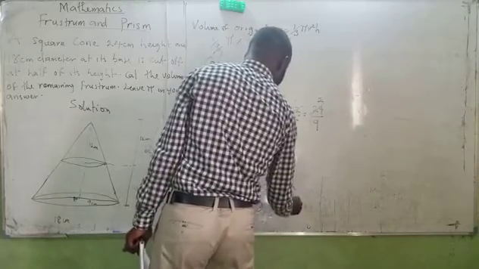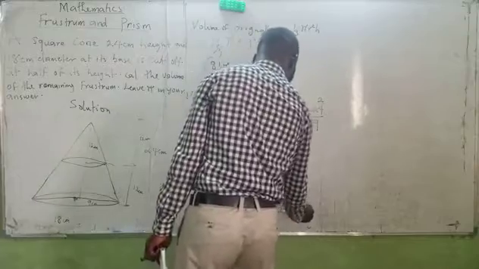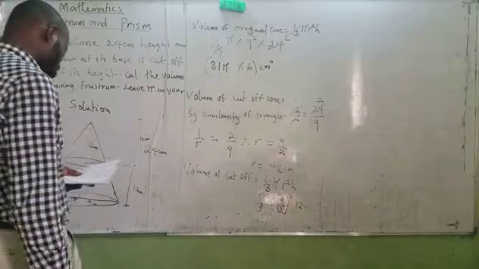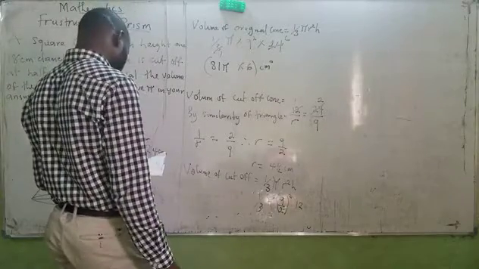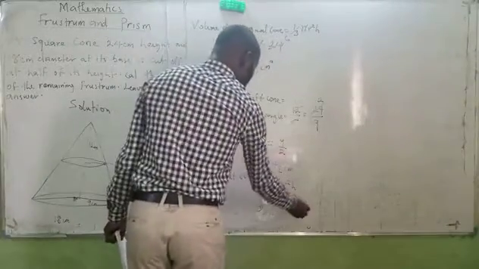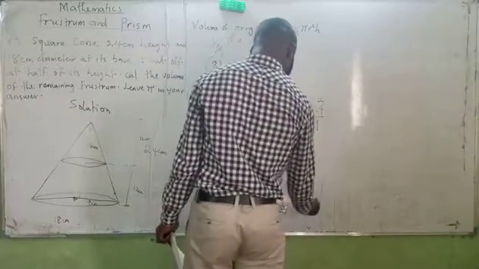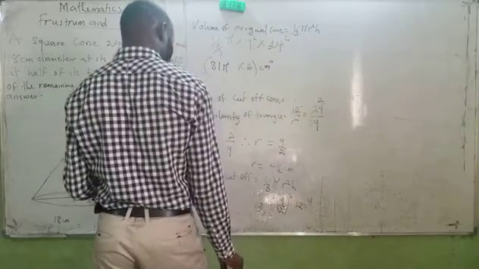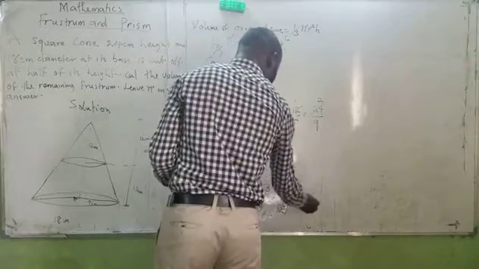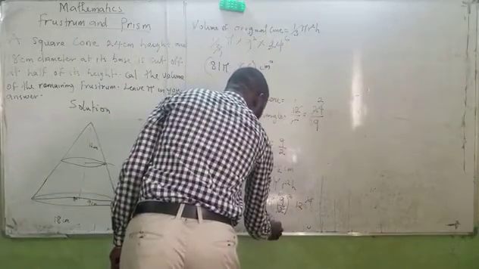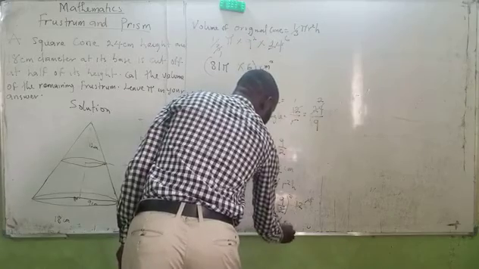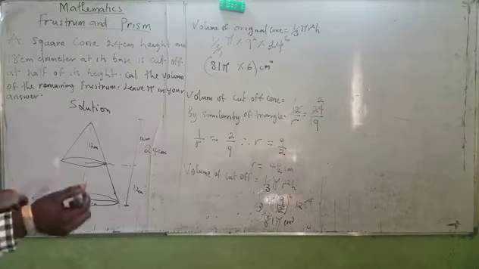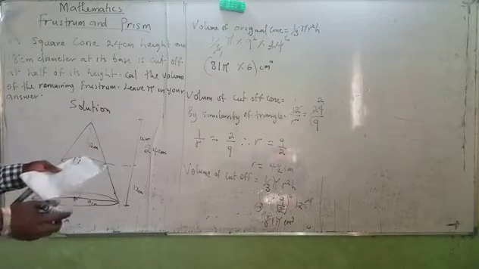I don't want to stress myself. And the height will be 12. Now, cancelling, I'll be having 81 pi centimeter cube. That is the volume of the cutoff. Now, I'm looking for the volume of the frustum.